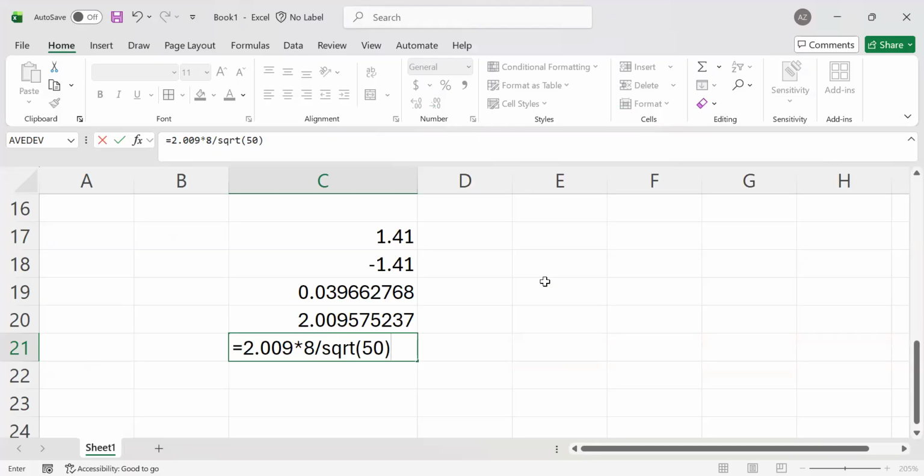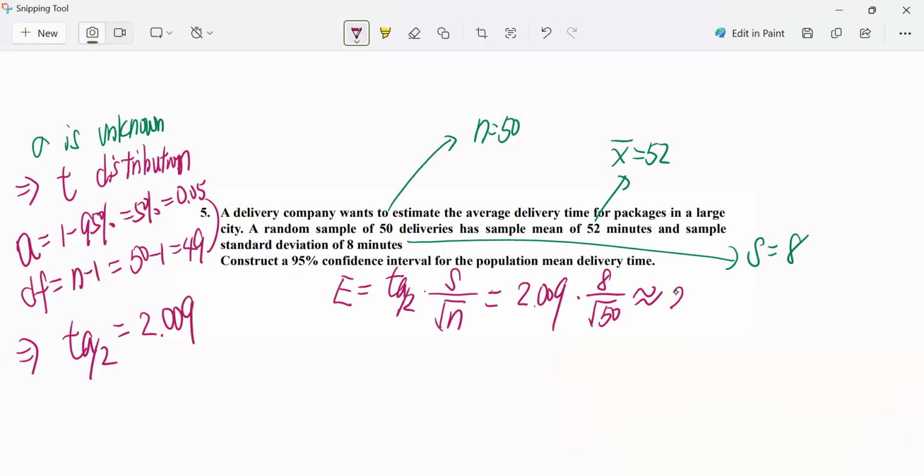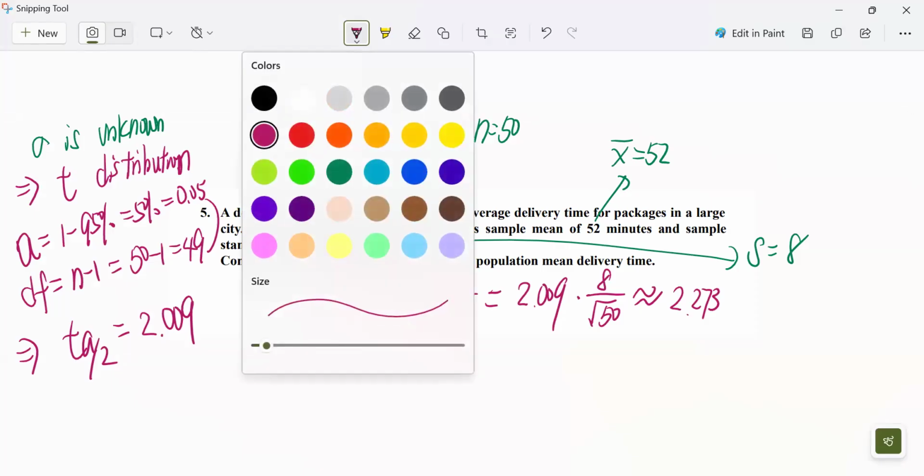That will give us the margin error, and we're going to keep it to 3 decimal places, 2.273. Margin error is 2.273 minutes.